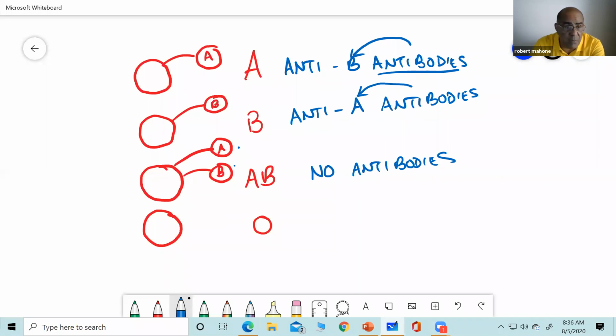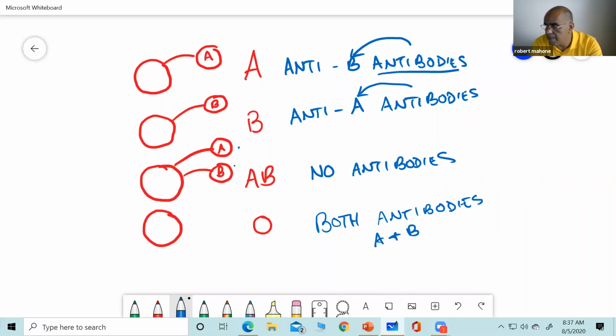And people who are type O, since they have no markers on their blood, have both antibodies, both A and B. So this is what determines how we can put blood into another person.